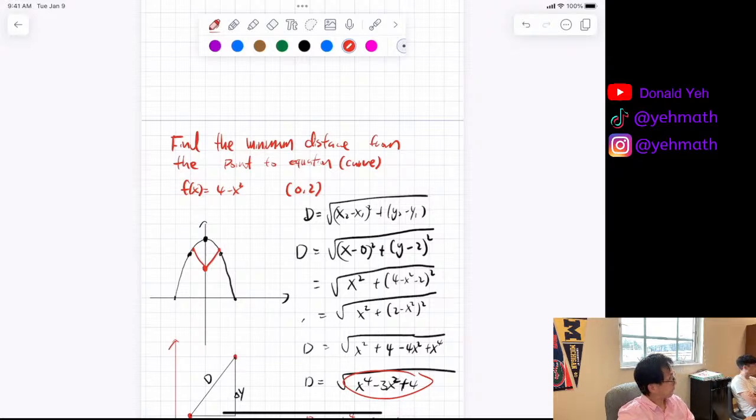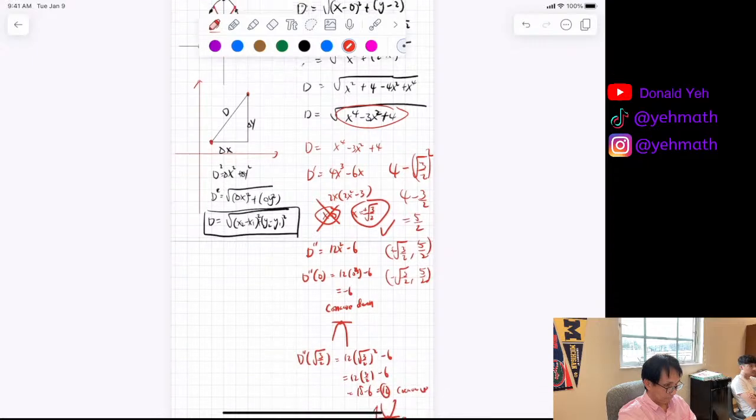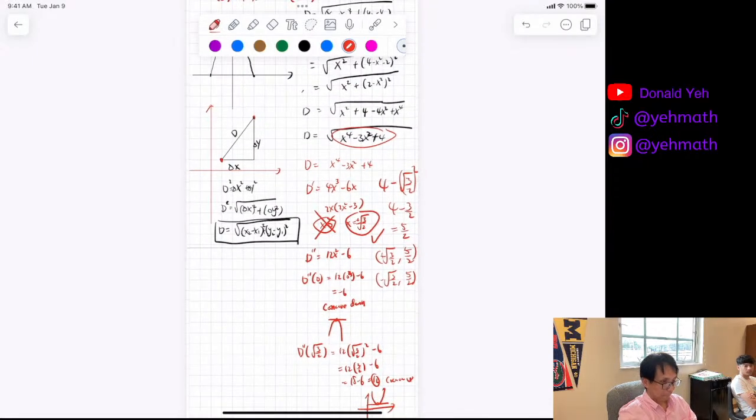Isn't it kind of obvious that the answer is going to be 3 over 2? Because if there's a distance between the 2 points, it has to be something rather than something. Does that make sense? I'll come up with an analogy of that.